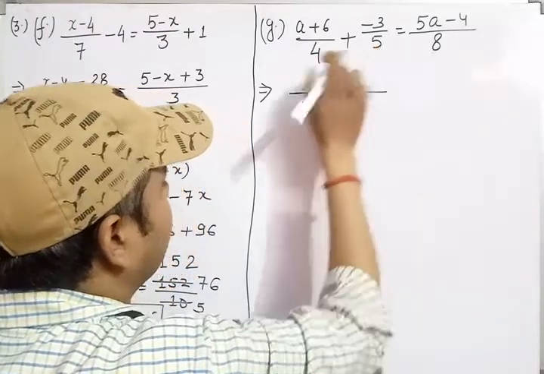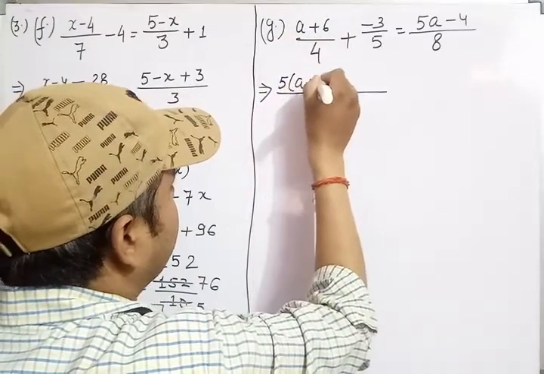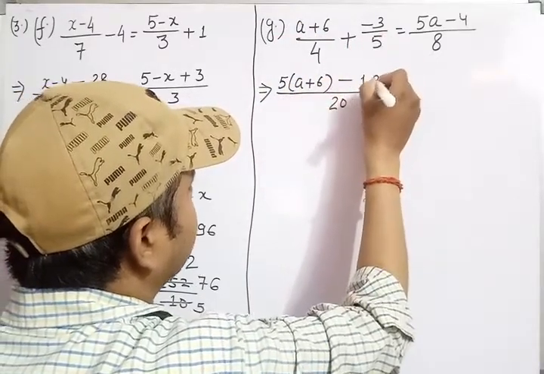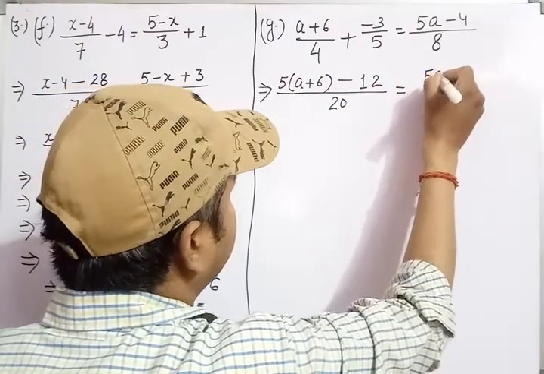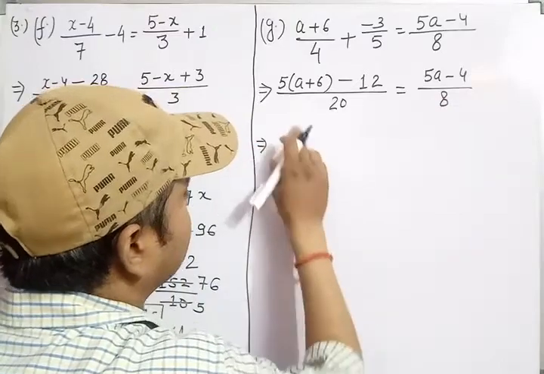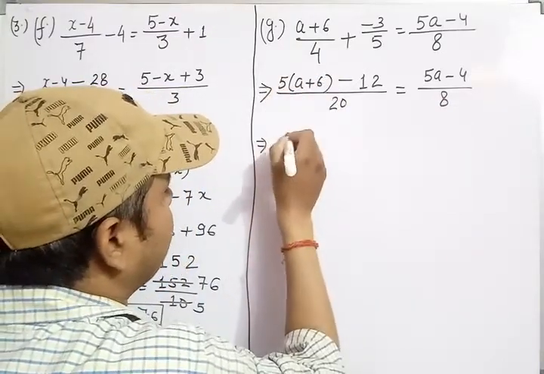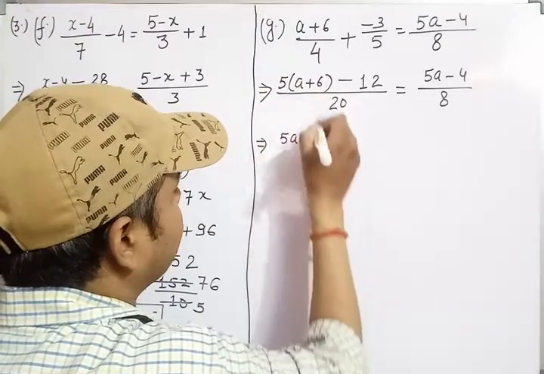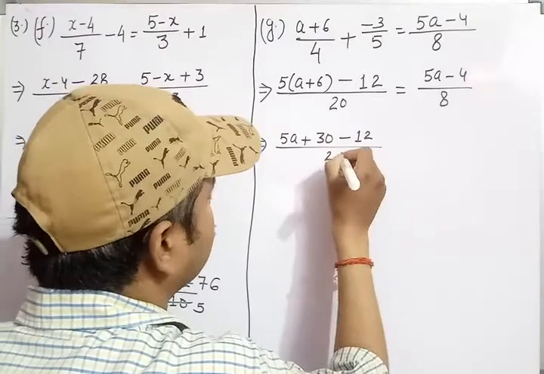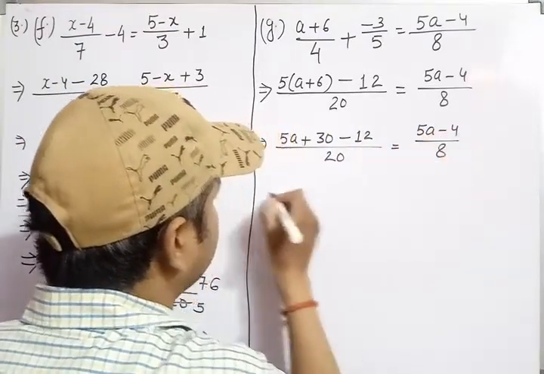So we have to multiply by 5 by a plus 6, and minus 3 fours are 12, 5a minus 4 upon 8. Now we have to multiply this term, that is 5 into a means 5a, plus 5 sixes are 30, minus 12 upon 20 is equal to 5a minus 4 upon 8.